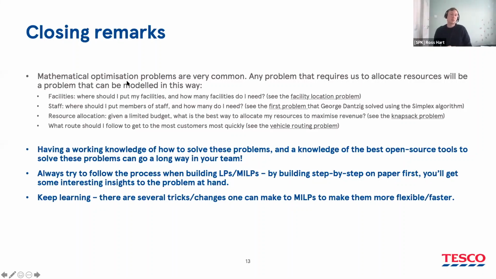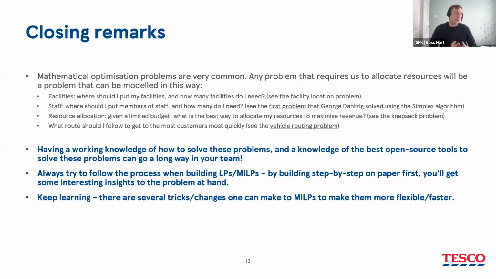So the first thing I want to say, which is hopefully going to be a really important thing for people here, is that these mathematical optimization problems are actually super common in businesses. And in particular, any problem that requires us to allocate resources in some way can be modeled in this kind of way.